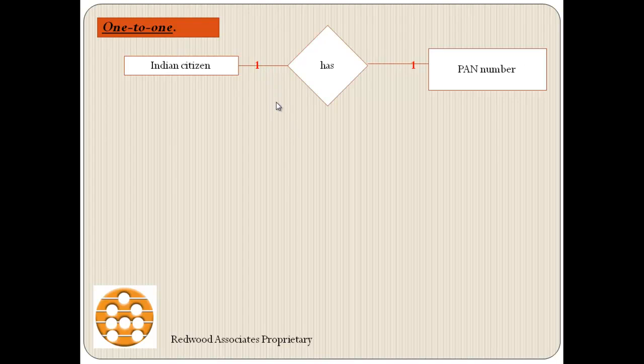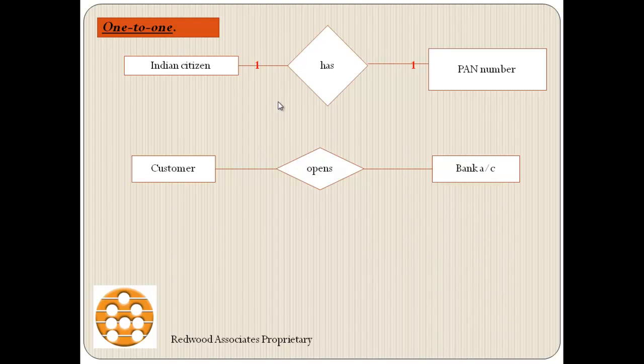Let's have a look at the next example. Let's say there is a customer. It opens a bank account. Now, I can have one customer opening more than one accounts in a particular given bank. The type of accounts might vary, but the customer remains the same. So, one customer can open multiple accounts in a bank.